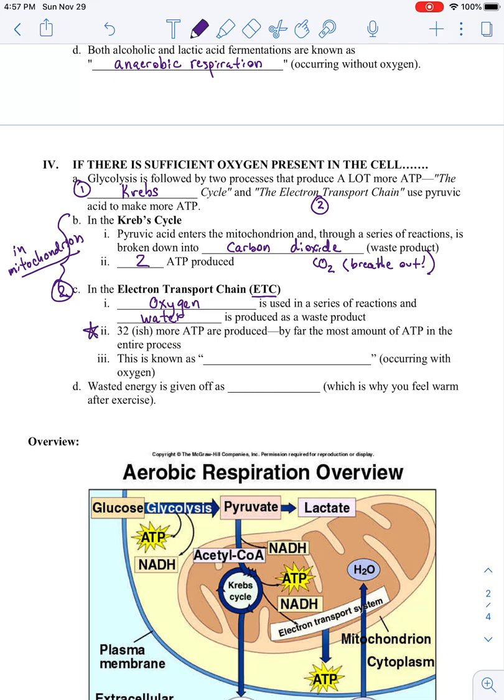Now that is a lot of ATP. So I'm going to underline 32 because 32 is where, again, we're getting the most bang for our buck. We're going to use oxygen, and in the ETC, we're going to get a much greater amount of ATP. This is known as aerobic respiration. Because oxygen is being used.